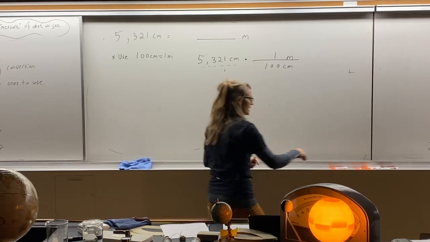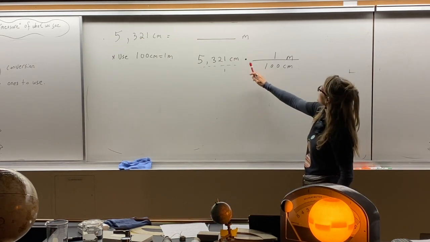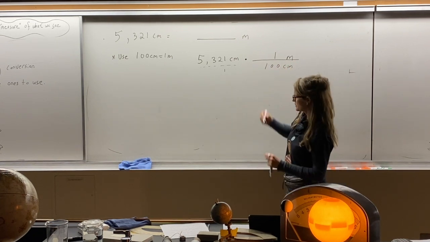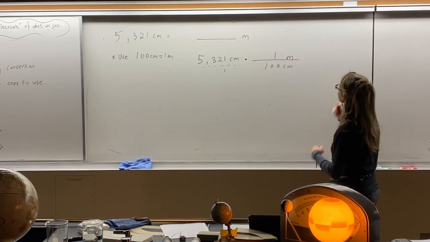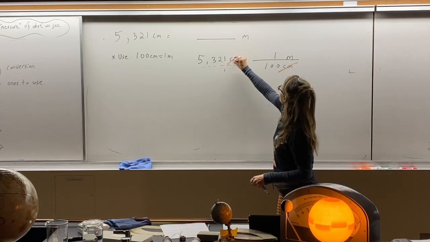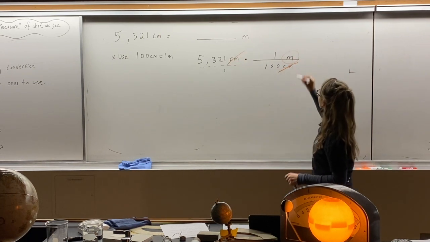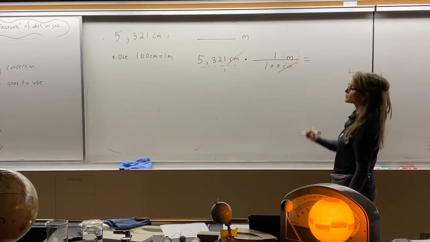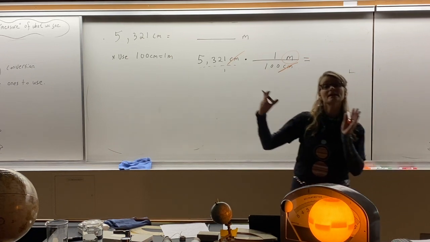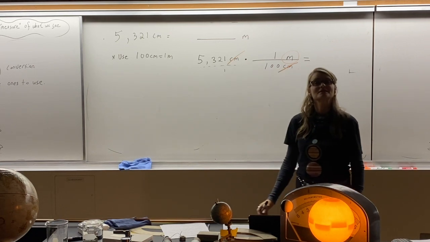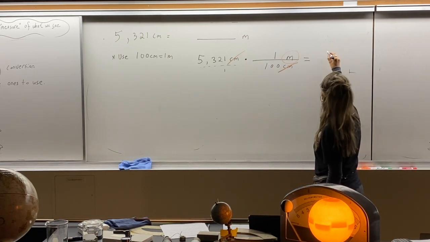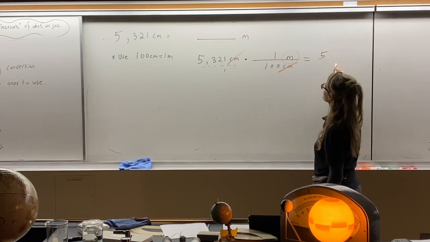So notice what happens here. I always know how to arrange these because the idea is to get rid of the centimeter value and introduce the meter value. That's how I typically do my conversion. Sometimes you're going to multiply by many factors across until you get your desired unit. Here I end up with powers of 10, so you're just moving the decimal place.